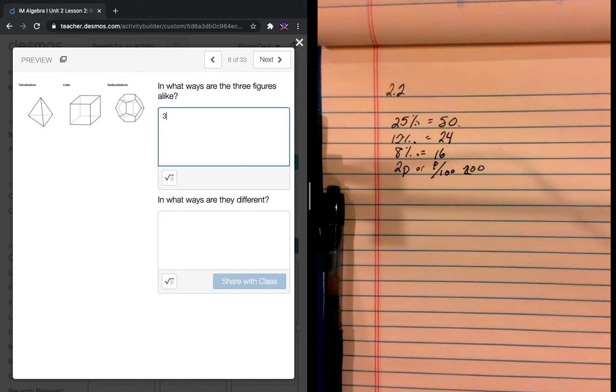Well, they're all 3D shapes. They all have sides, they all have angles, they all have vertices. In what ways are they different? They have different numbers of sides. It could be the number of vertices.